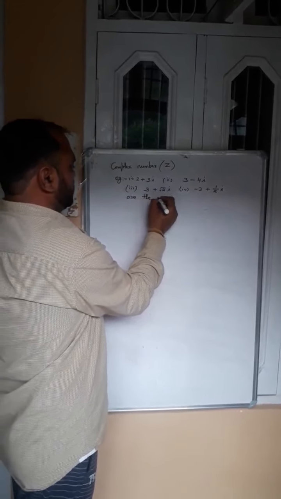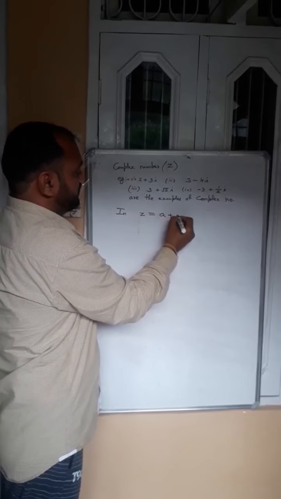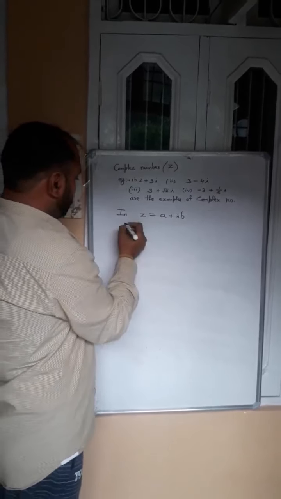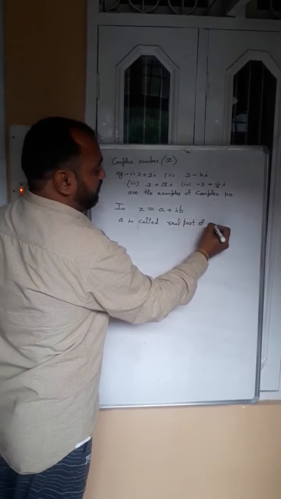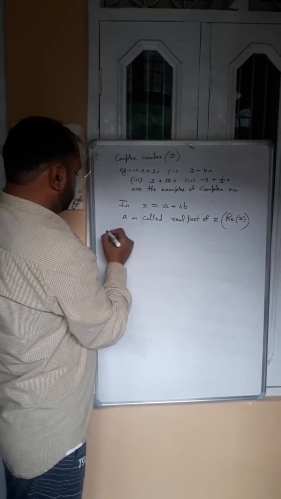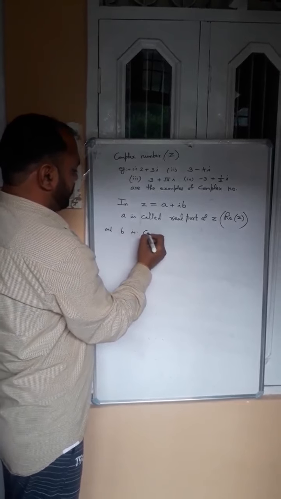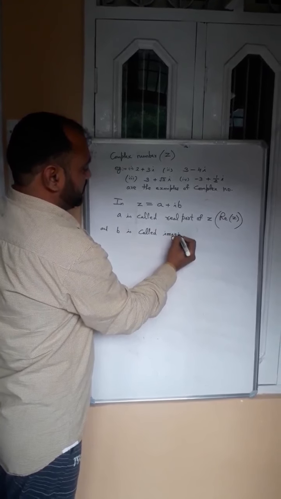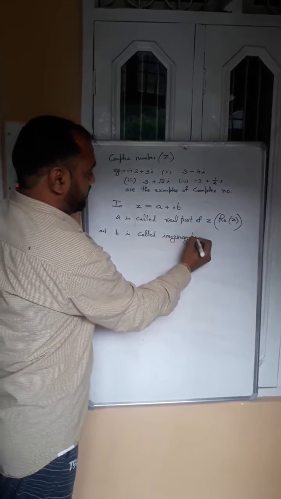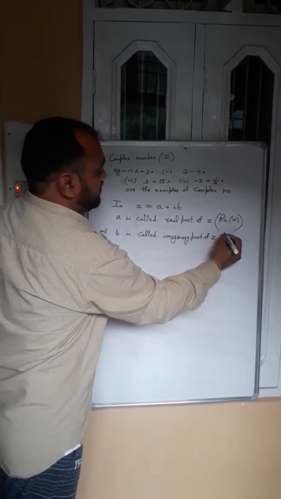In the complex number z is equal to a plus iota b, a is called the real part of z, that is Re z. Re z means the real part of the complex number z, and b is called the imaginary part of the complex number z.